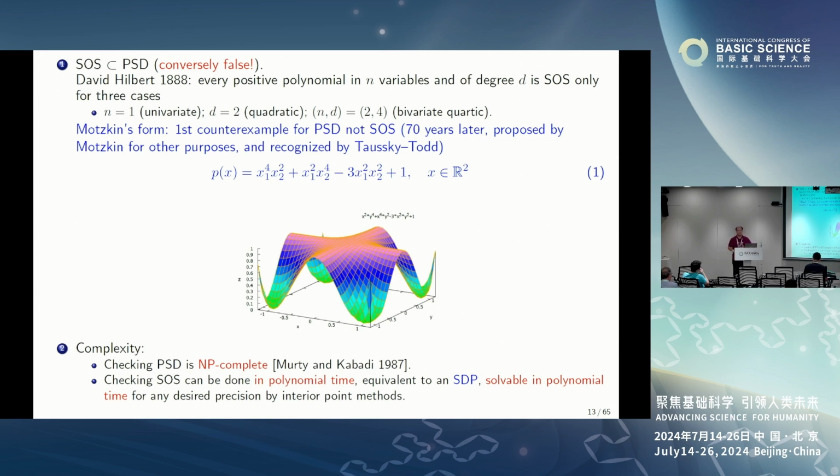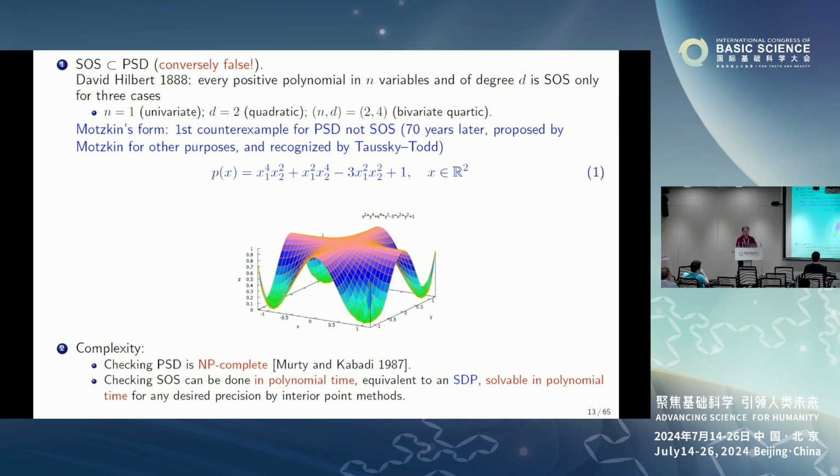Just after 70 years, Motzkin proposed the first counterexample, but not for this problem. It was coincidentally for another purpose, but after that it was recognized by Taussky and Todd that it is exactly the missing piece that they wanted to find. It is an example given in formulation 1.